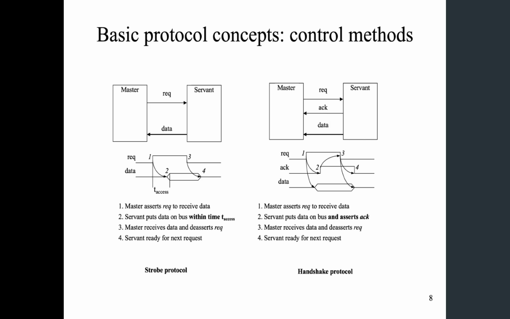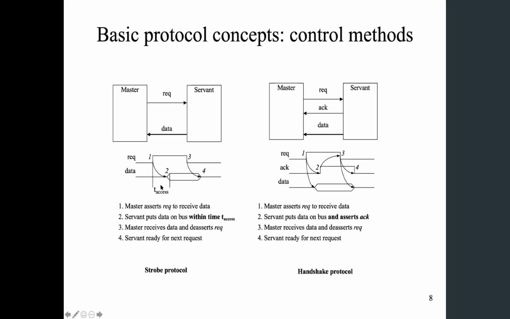The first step, the master will assert the request signal, as we did in the Strobe protocol. And the second step, the servant puts data on the bus and asserts ACK. Now, this asserting of the ACK is important if the servant cannot guarantee such a T access time.